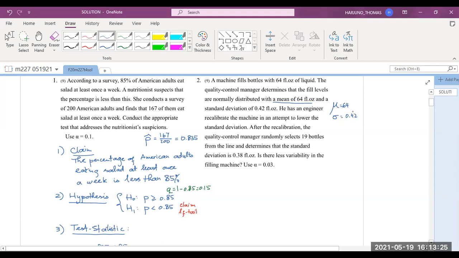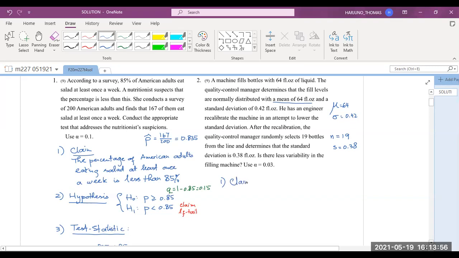He has an engineer recalibrate the machine in an attempt to lower the standard deviation. After recalibration, the quality control manager randomly selects 19 bottles from the line and determines that the standard deviation of these 19 bottles is 0.38. Is there less variability in the filling machine?